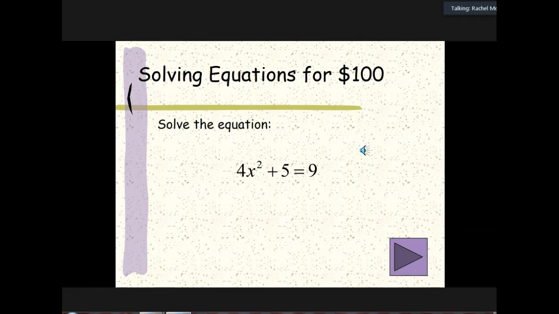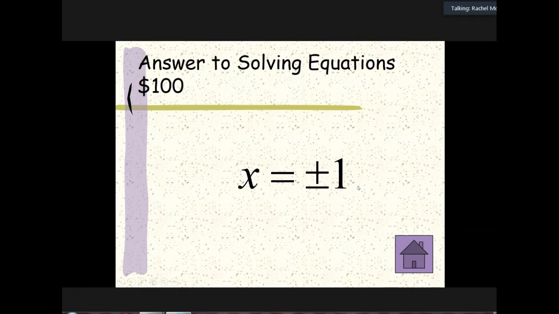That is correct. Okay, so you could have picked any technique you wanted. If you subtracted 5, you got 4x squared equals 4. Divided by 4, you got x squared equals 1. So the square root of 1 is plus or minus 1.